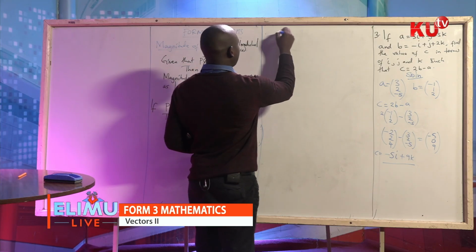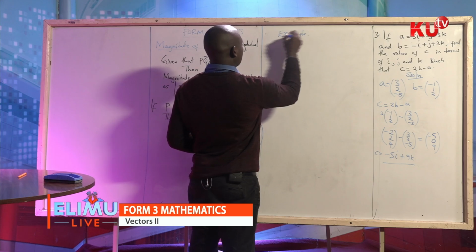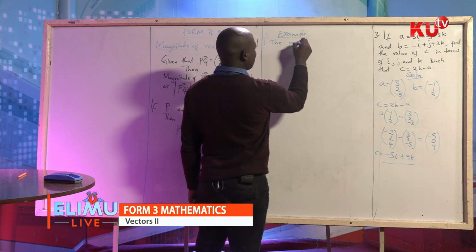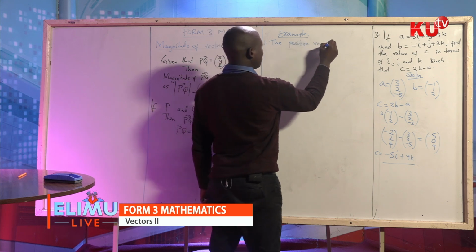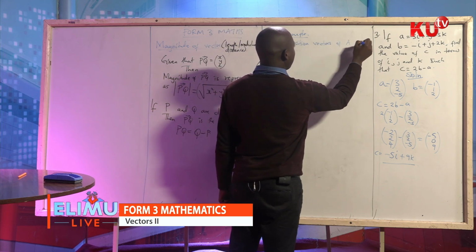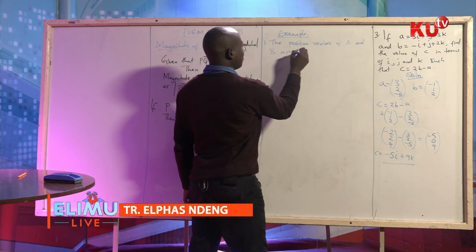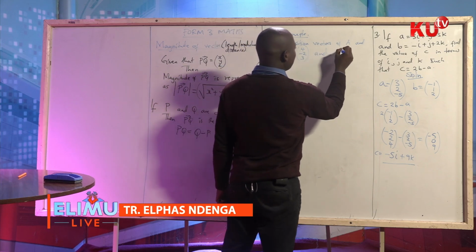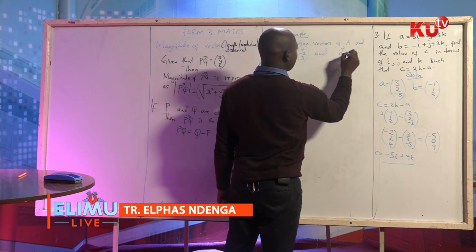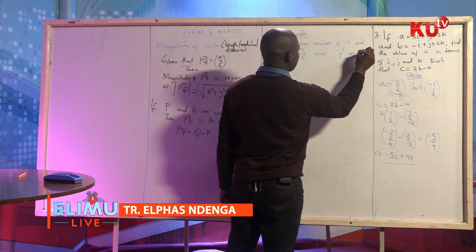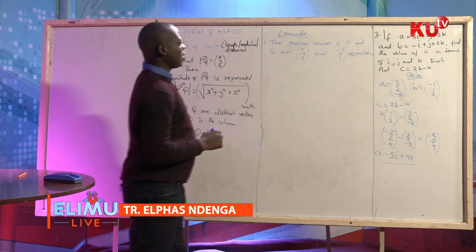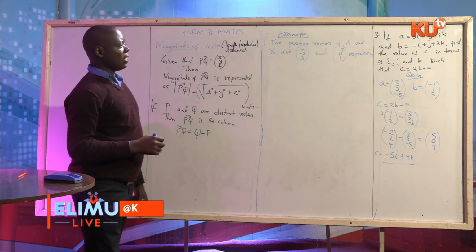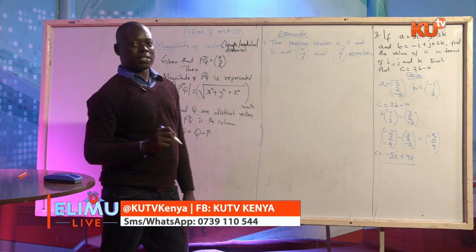Our example: we're told that the position vectors of A and B are 4, negative 2, 3 and negative 7, 0, 1 respectively.